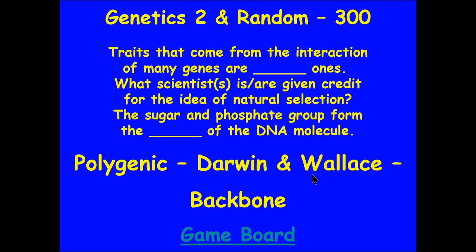And that basically was the same conclusions or the same findings that Darwin had come up with over his life. And they published, I think it was 8 months after that. They published together, but Wallace always gave Darwin the majority of the credit. And the sugar phosphate makes up the backbone or the two sides of the twisting ladder.